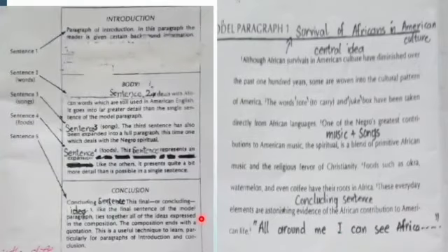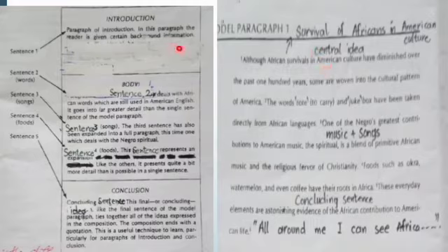In that paragraph, we have found that there is an introduction, body, and conclusion. In the first sentence, you can find an introductory sentence and topic sentence, which is also called a central idea.